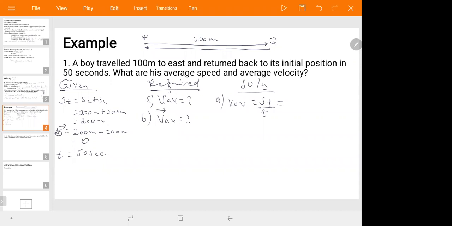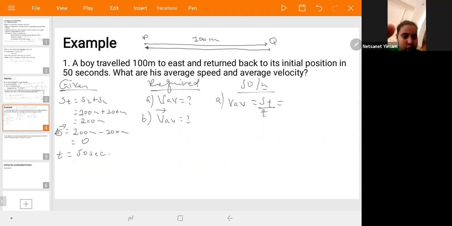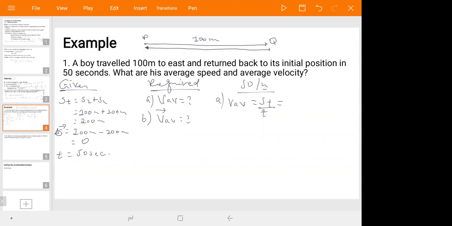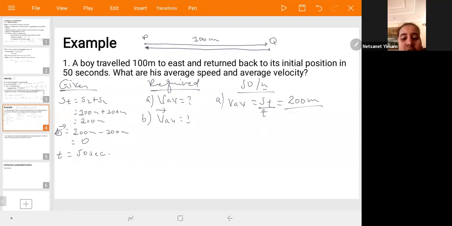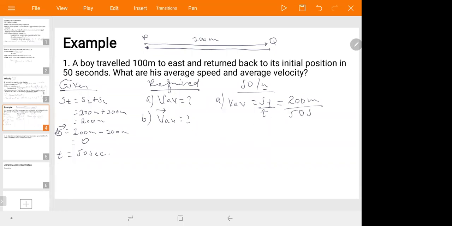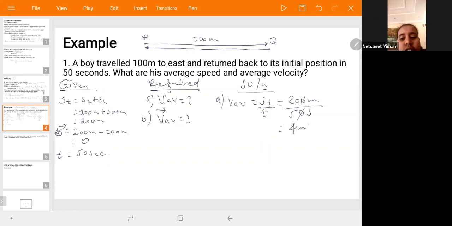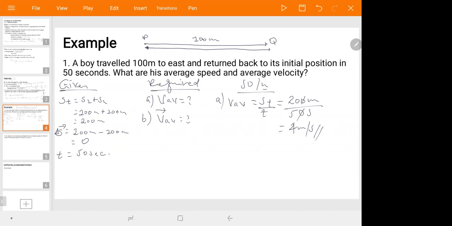What is your total distance? 200 meters. Excellent. 200 meters divided by 50 seconds. Cancel a 0, which is 4 meters per second.